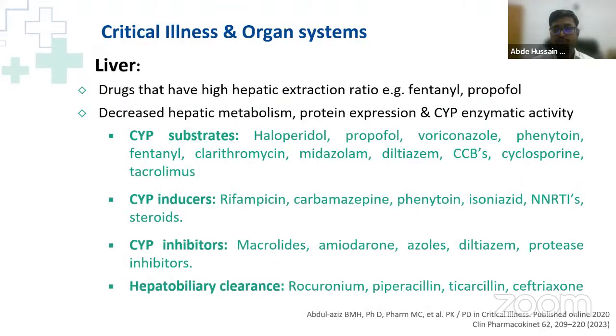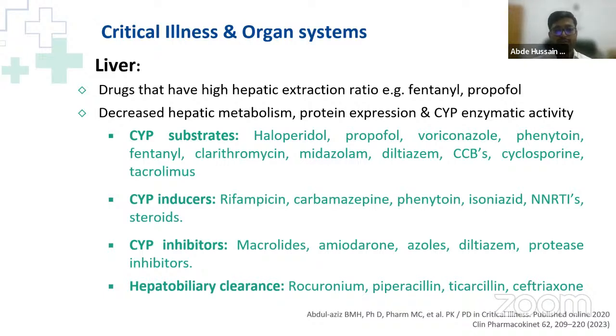Critical illness and organ systems. When we think about critical illness and define each organ system individually, what are the changes that occur? Drugs that have a high hepatic extraction ratio, such as fentanyl and propofol, with reduced hepatic flow in shock states, might not have adequate elimination. So these drugs start to accumulate and can show signs of toxicity.